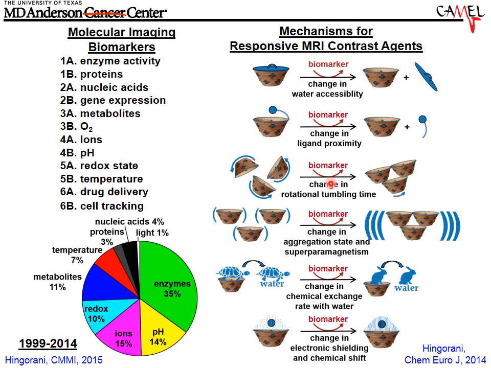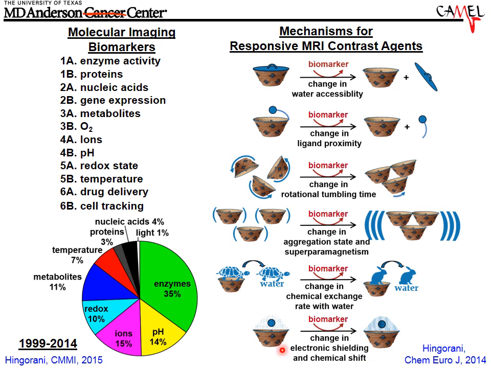There are some exquisite methods for changing a lanthanide chelate, having a change in water accessibility if the top of the basket that holds the gadolinium is exposed, or a change in ligand proximity, or tumbling time, or the whole T2 aggregation state could change. For CEST, the proton could change from exchanging slowly to exchanging fast, or vice versa.